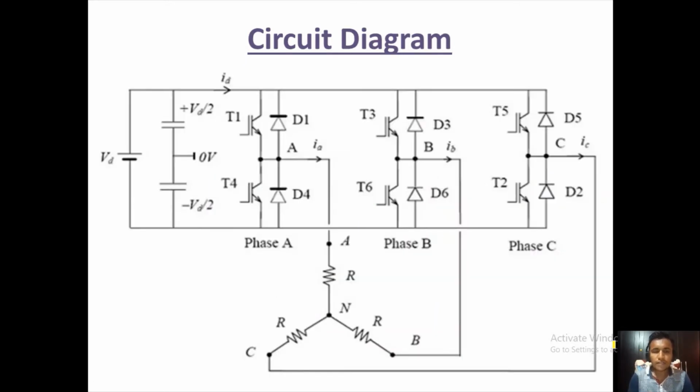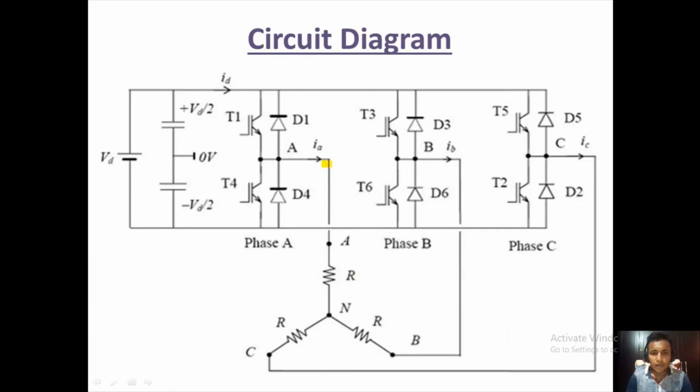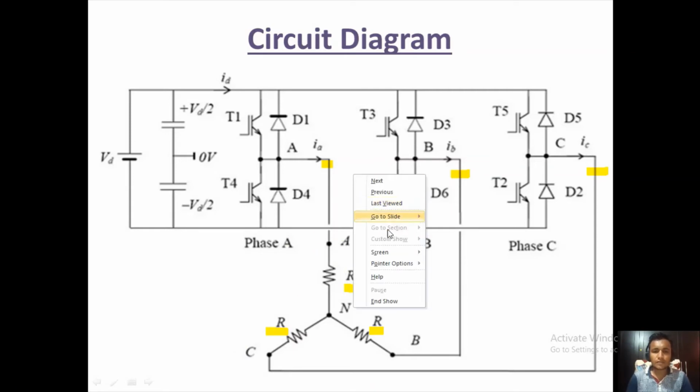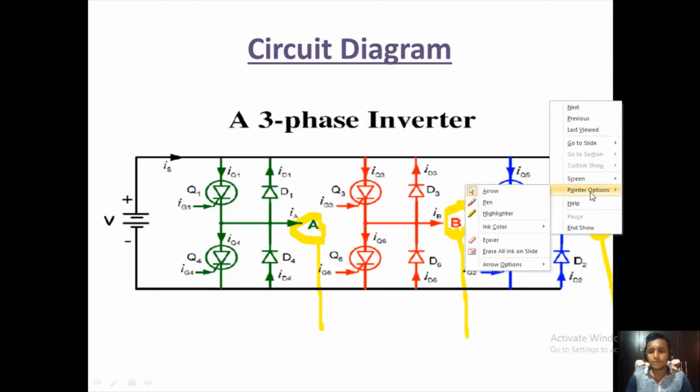Here you can see in the circuit, we can connect the load across A, B and C as a resistive load in a star configuration. So the load may be connected in this manner. That figure is only for understanding. Our main figure is this.